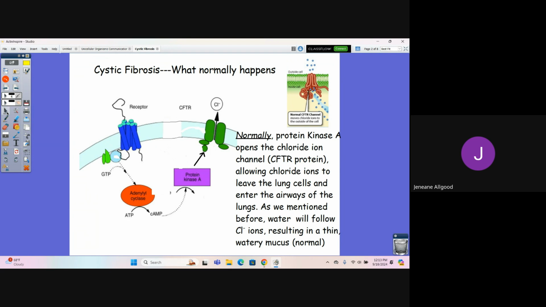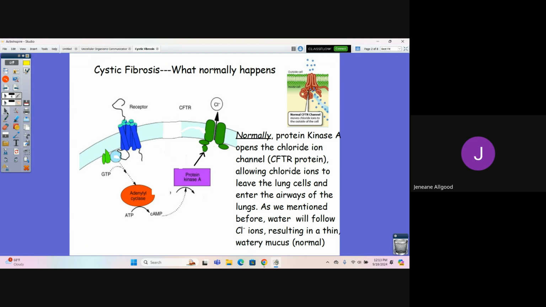It's just going to do something different. So I want you to be thinking about what you said the CFTR protein did, or what effect the cholera toxin had on the CFTR protein, and how that CFTR protein is supposed to normally work, and how that is different in a person with cystic fibrosis, which is a genetic disorder.